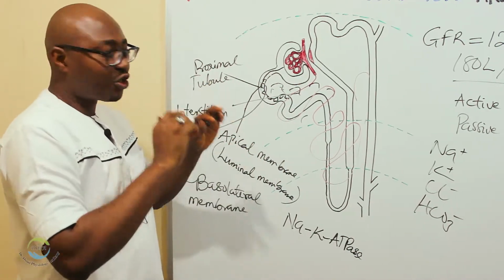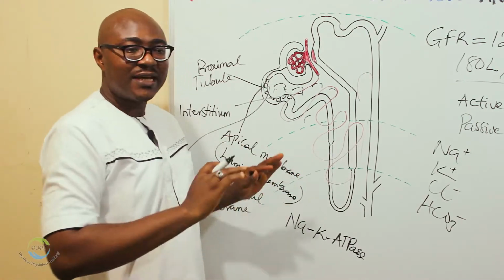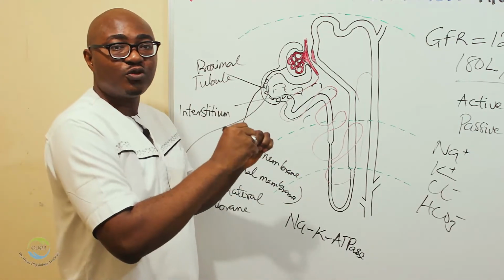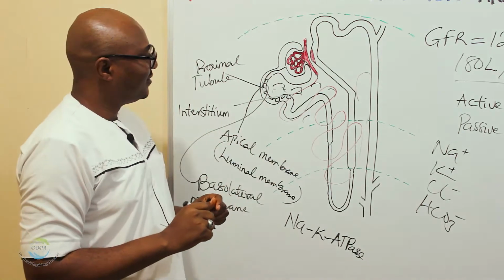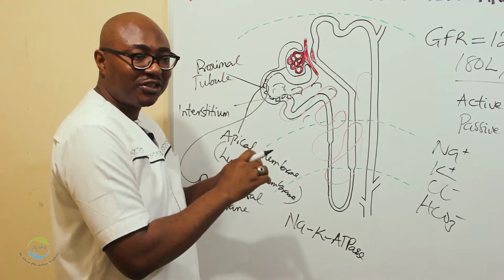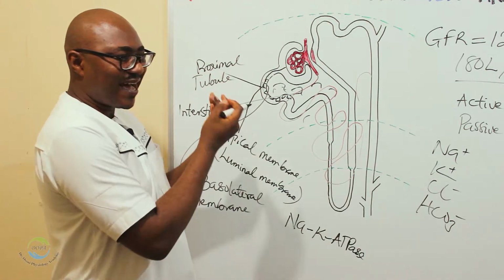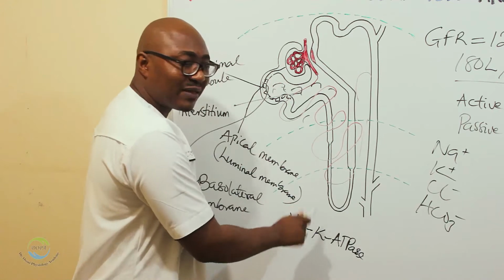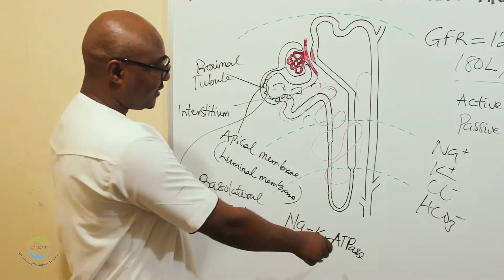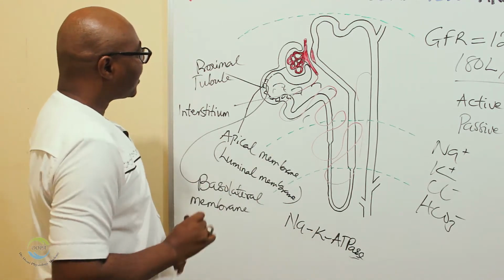So it ensures that at every point in time, the concentration of sodium within every cell is always low, and the concentration of potassium is always high inside the cell, just because of the action of this particular transporter. It's an enzyme, ATPase.